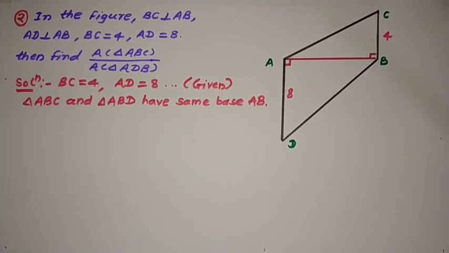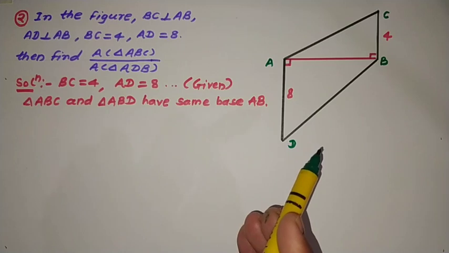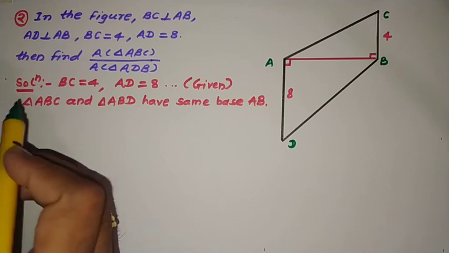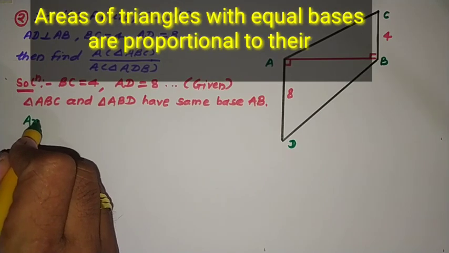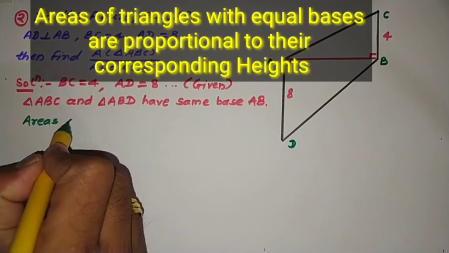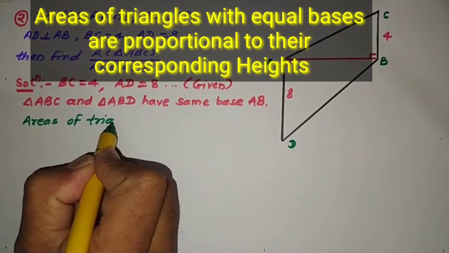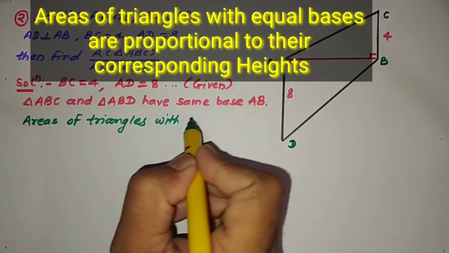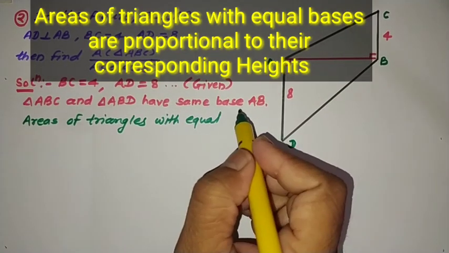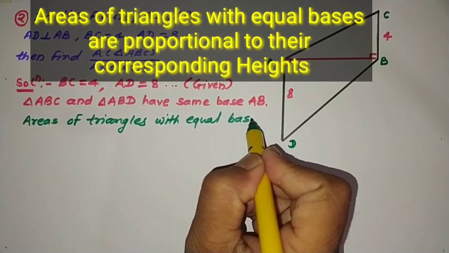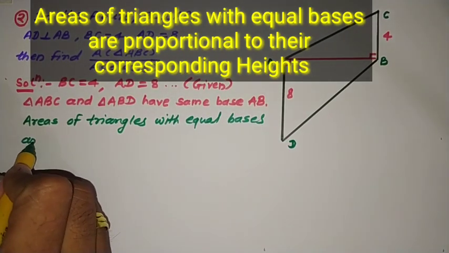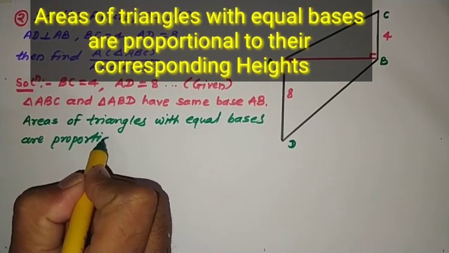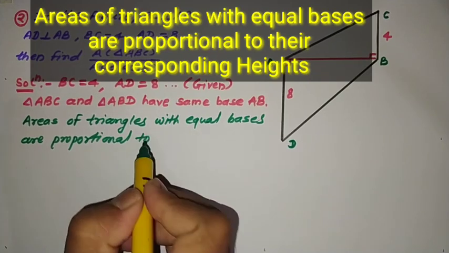We know that the areas of triangles with equal bases are proportional to their corresponding heights.